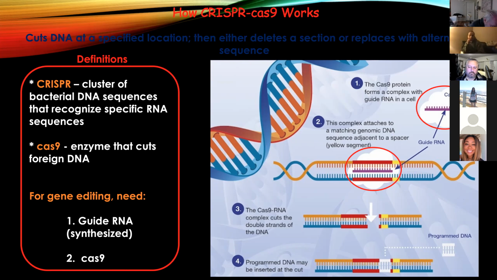An ethical use? Well, take, for example, cystic fibrosis. You wouldn't do this in an embryo, so it wouldn't be a permanent genetic effect. But supposing you had a point mutation in the CFTR gene that's causing cystic fibrosis.